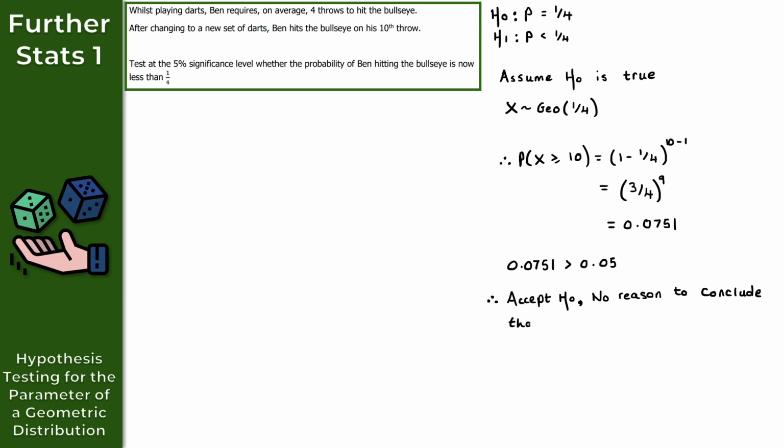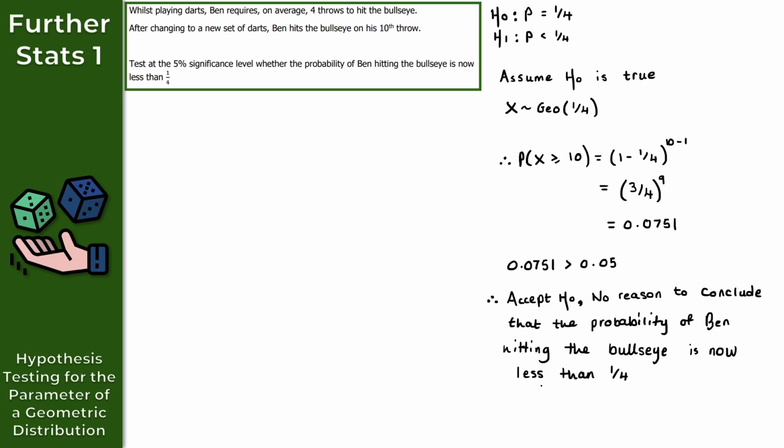Let's write this down in full. So the probability of Ben hitting the bullseye is now less than 1/4. Something along those lines that summarizes in context what we found for the conclusion of this hypothesis test.